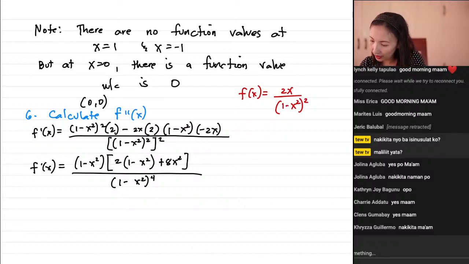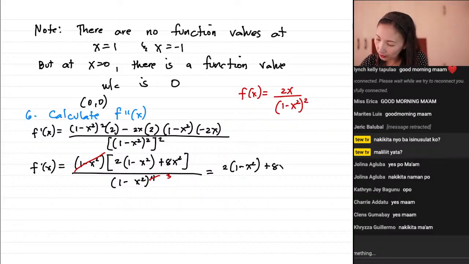When simplified, we can cancel out one factor, and the fourth power becomes a cube. So we could simplify it as 2 times 1 minus x squared plus 8x squared all over 1 minus x squared cubed.